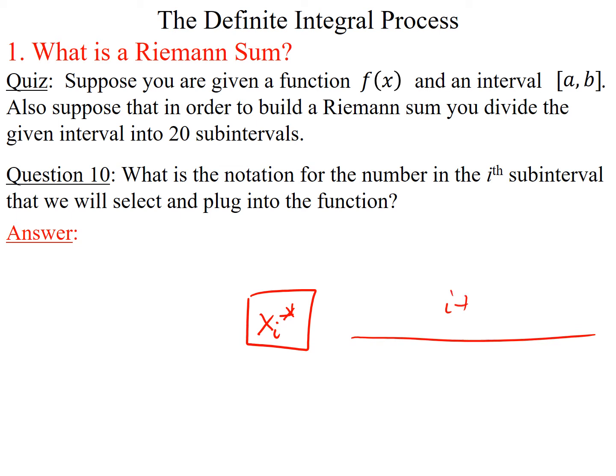Otherwise, if you need a picture, ith interval, this would be xi. It's xi minus 1. And then the number you pick in there, xi star. Don't forget that this and this all match. Oops, I forgot to put the star. Okay, so the number you pick between xi minus 1 and xi is going to be xi star.